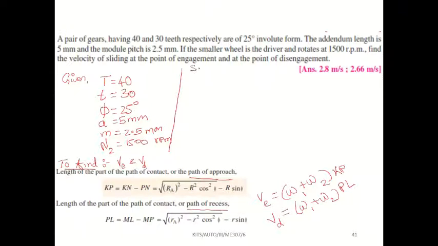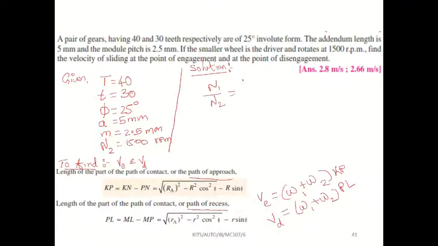Solution. Let us solve it. First of all, let us find the N1 value. The smaller wheel is N2, the bigger wheel is N1.